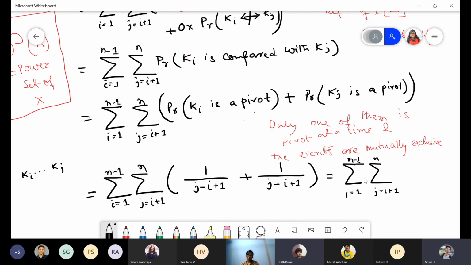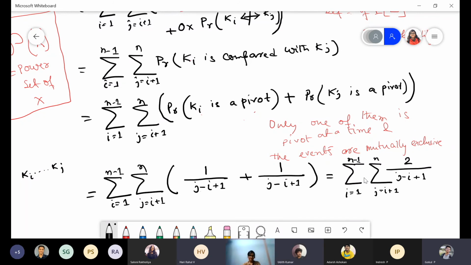See, ma'am, I understand that either Ki or Kj has to be pivot. But after that, I don't understand how you are telling that the possible number is j minus i plus 1. Ki can be compared even when the other element can be anything other than Ki, the whole number space.